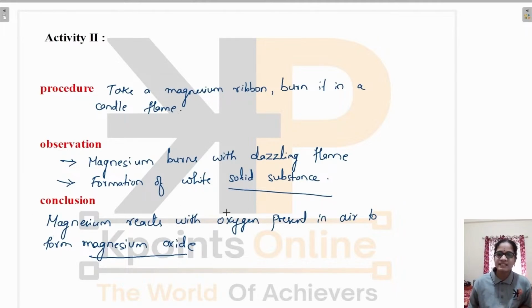I can represent this in a simple form so that it is convenient to understand the reaction, and analysis of the reaction also becomes easy because we will be dealing with atoms and molecules here. So we need to represent it in the form of an equation. We will understand about equations here.